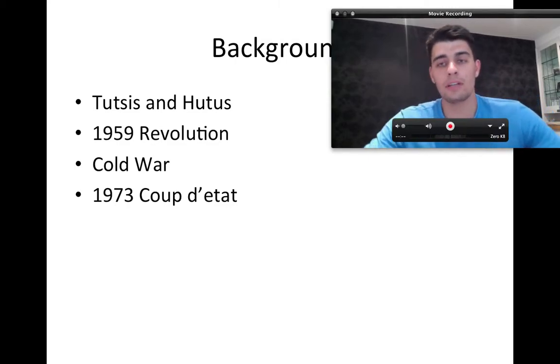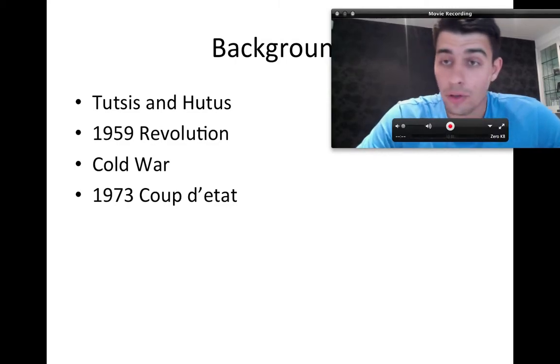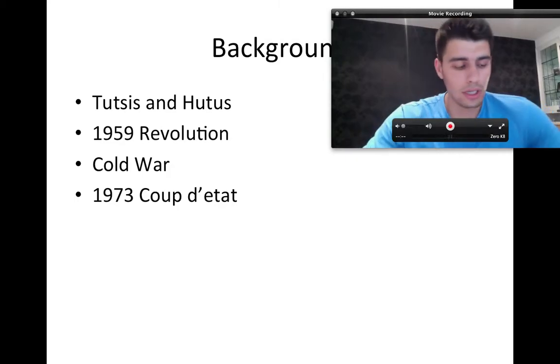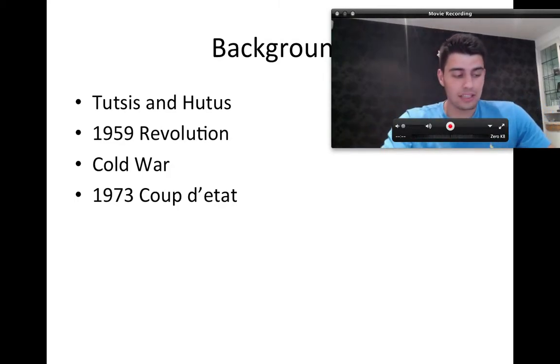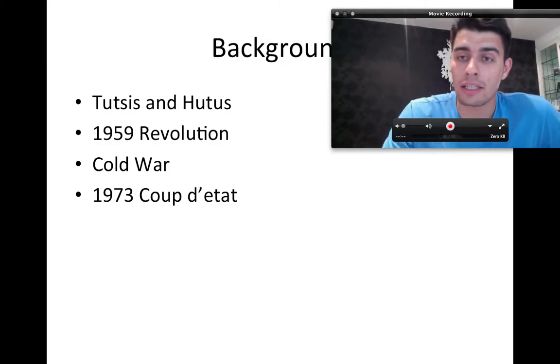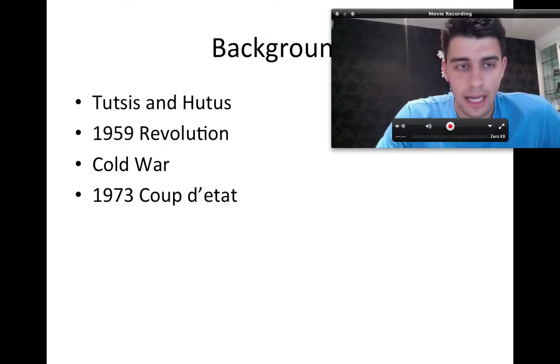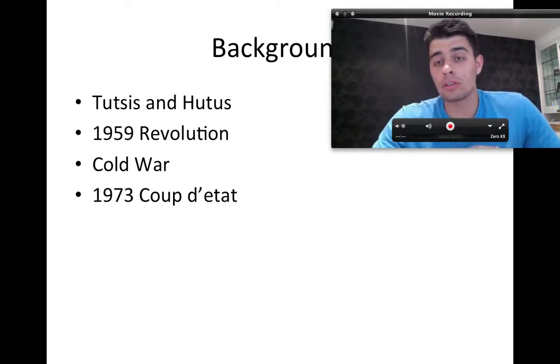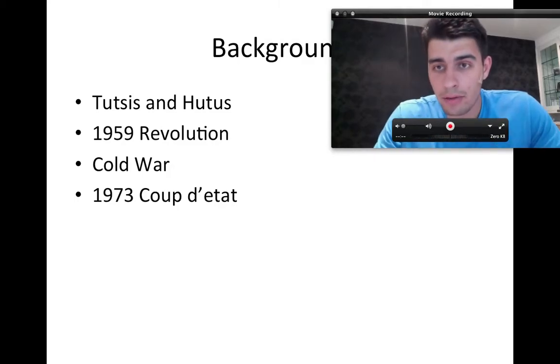So in 1959, a revolution occurred, the Hutu peasant revolution, and this led to many of the Tutsi aristocracy fleeing the country. They fled to neighbouring countries like Burundi, and particularly a lot of them fled to Uganda. And what this meant was that the Hutus came into power in the country.